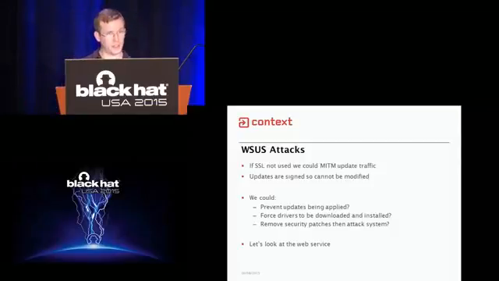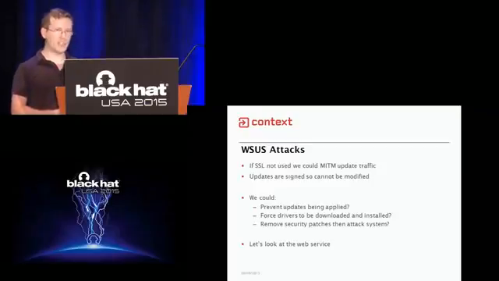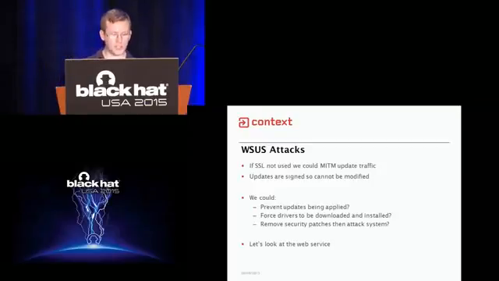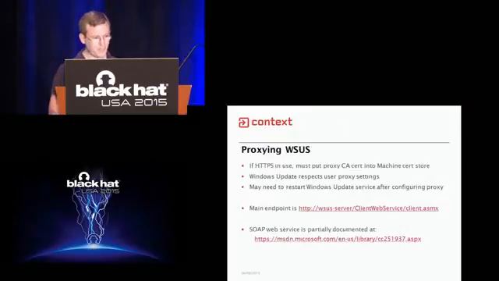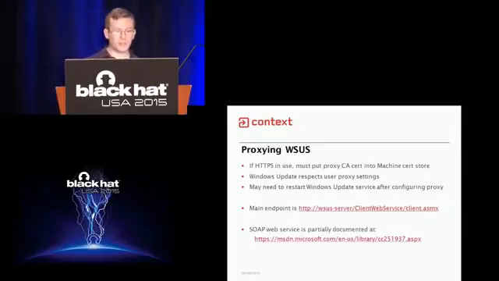So let's go and have a look at this SOAP web service in a bit more detail. I should warn anyone of a nervous disposition, we're going to be seeing a lot of XML in the next few slides. So we want to have a look at the WSUS traffic. We need to proxy it. We can just use a normal proxy like Burp.